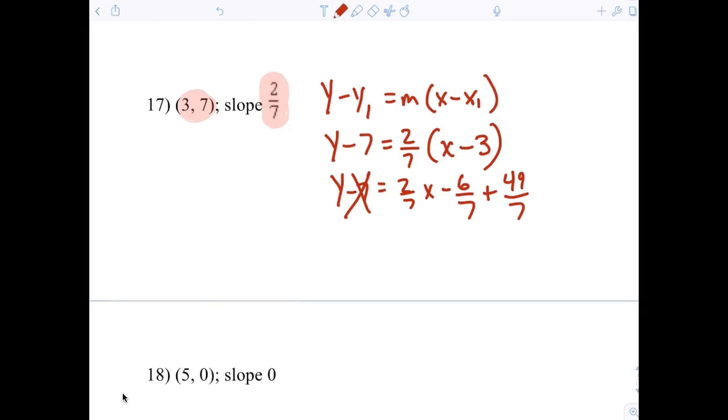Just somebody tell me. You have your hand up. You're not listening to me. I'll help you, but after every problem, what do I say? Does anybody have any questions? That's what I say. Yes, 2/7 x plus 43 over 7.